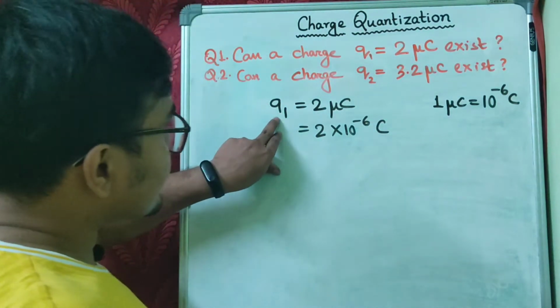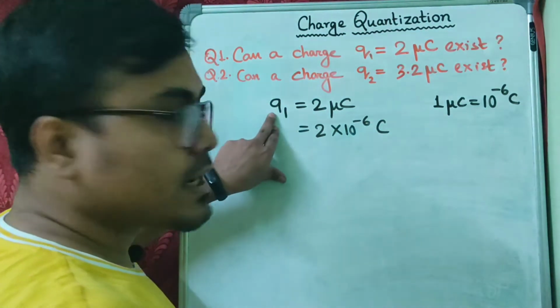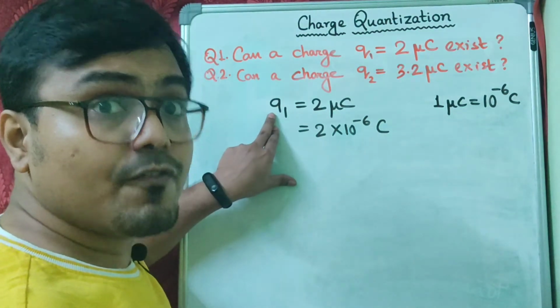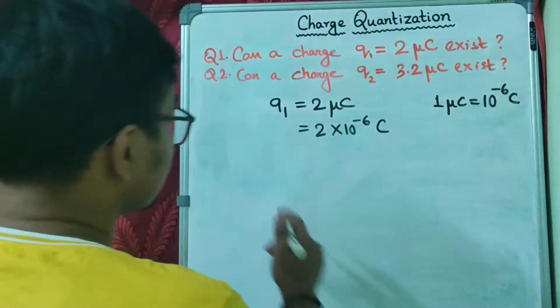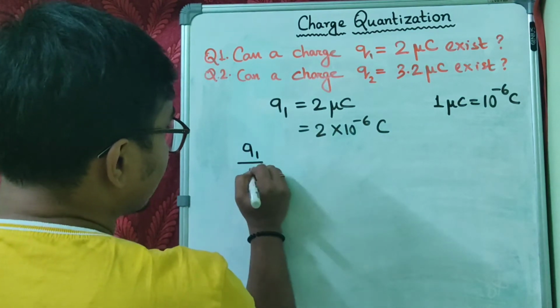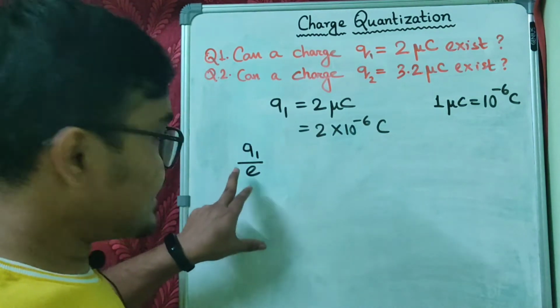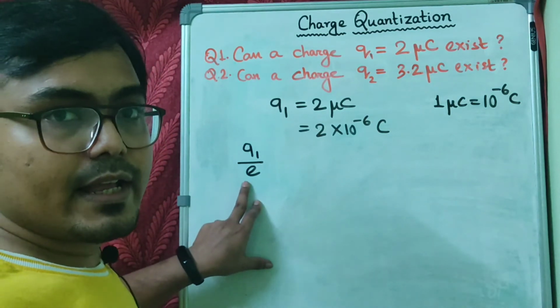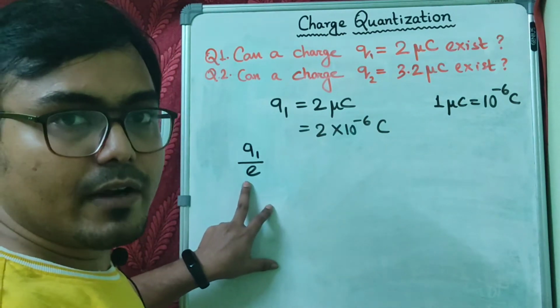So this Q1 must be an integral multiple of the electronic charge. So we have to do Q1 by E, and this must be an integral number.